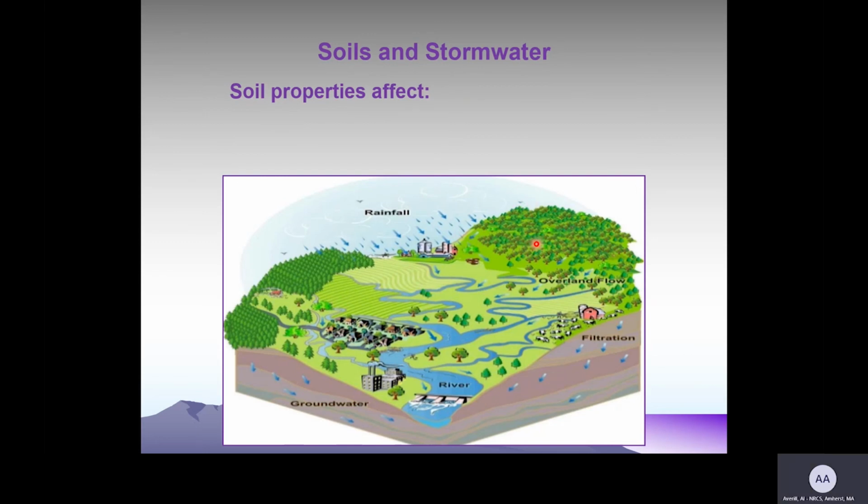Perhaps up in the background here, shallow soils, shallow to bedrock, that aren't going to hold a lot of water or aren't going to be able to treat water. So when we're thinking about what happens within a watershed and the quality of the water, and what is being introduced into that and how the soils have an effect, what properties do the soils have that affect all of these things?